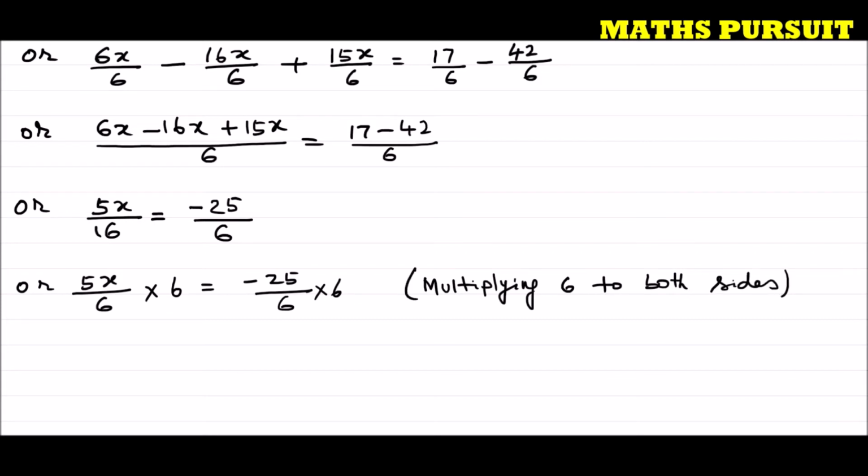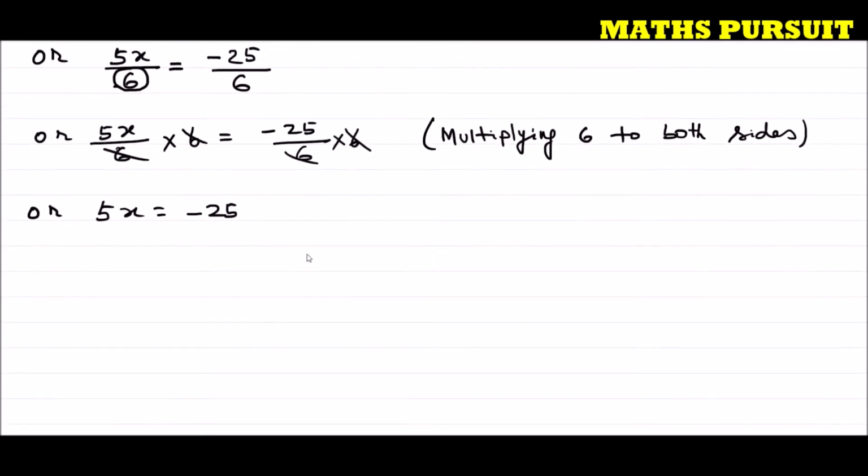I want to eliminate this 6 from the denominator. In order to eliminate this 6 from the denominator, I have multiplied 6 to both sides. Or I can write 5x is equal to minus 25. How? This 6 cancels out, this 6 cancels out. We are left with 5x is equal to minus 25.